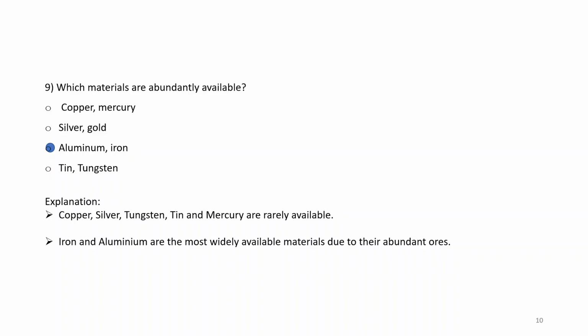Iron, on the other hand, undergoes corrosion, but when you manufacture steels and stainless steels, they provide good corrosion properties, and it can also be recycled a lot compared to some other materials.